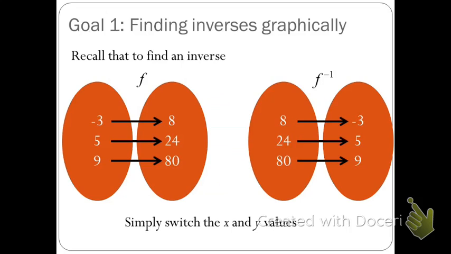Remember that if you have a function that will map x values to certain y values, then the inverse of that function you can find simply by switching the x and y values with one another. Alright, so simply switch the x and y values in order to find the inverse of a function. Well, let's apply that to a graph.